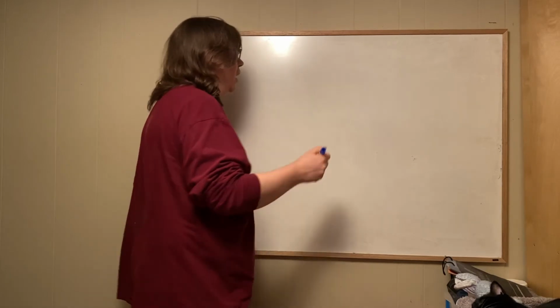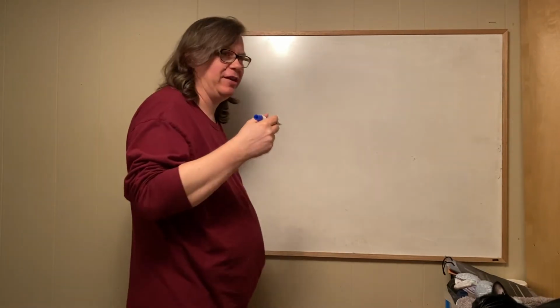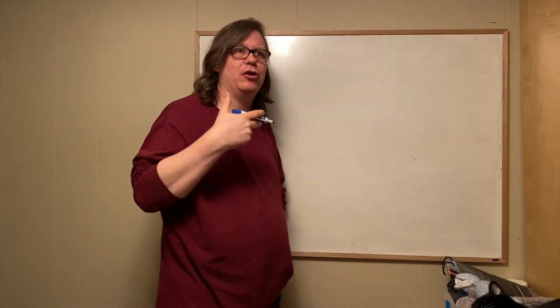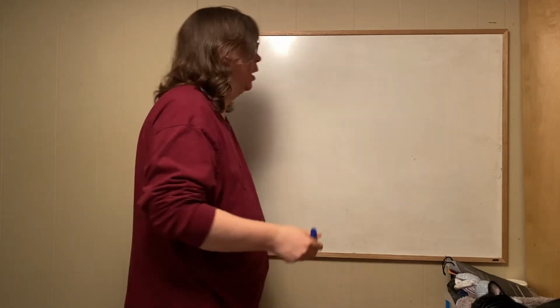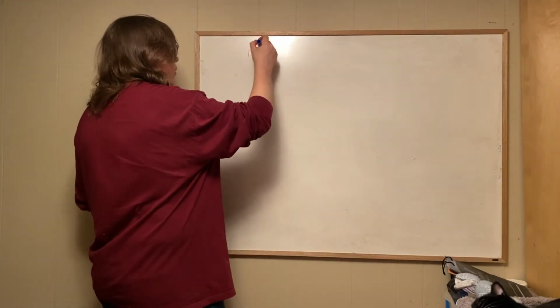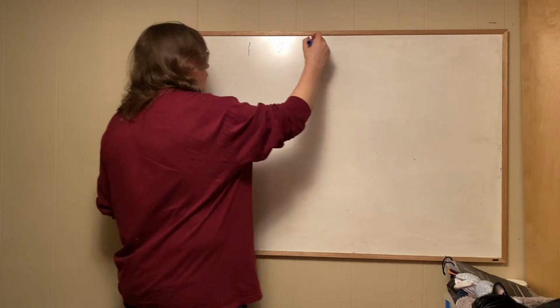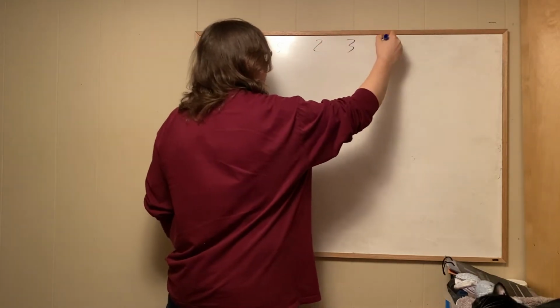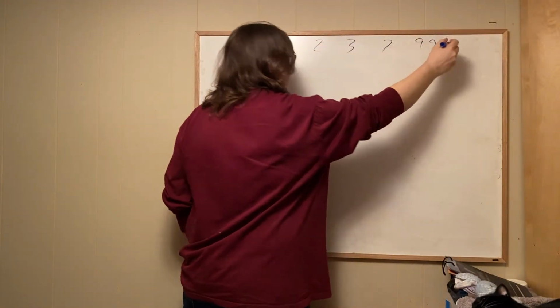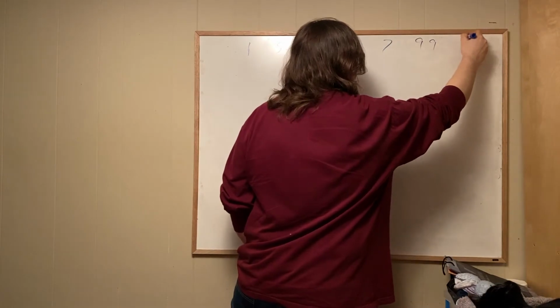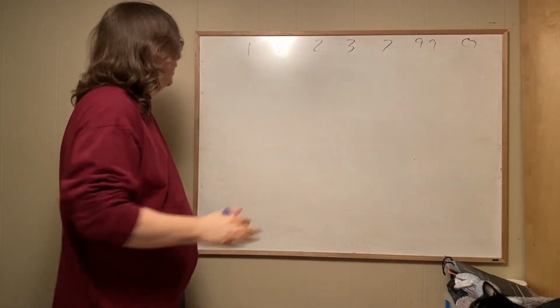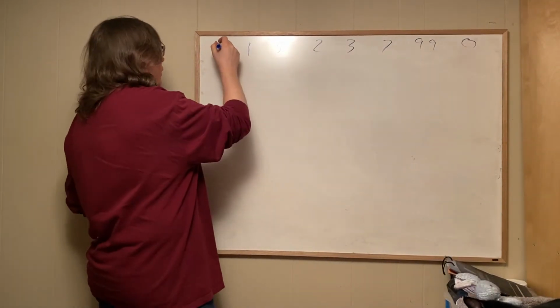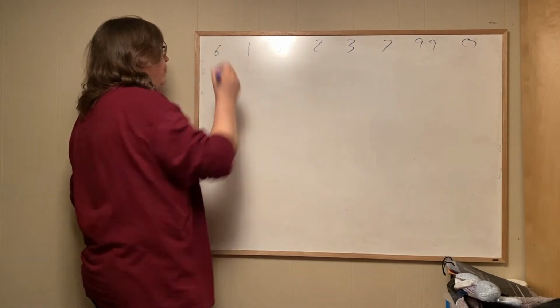And remember, the property of a set is that you can't have duplicates. So if we were to grab some numbers, 1, 5, 2, 3, 7, 99, and 0. Actually, let's not start with 1. 6.